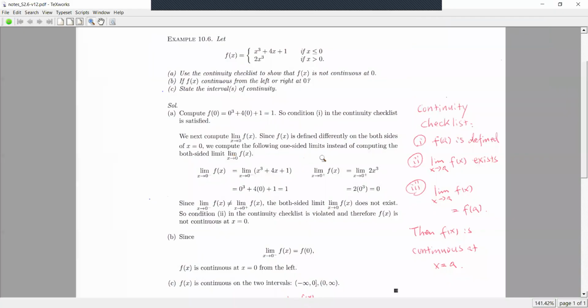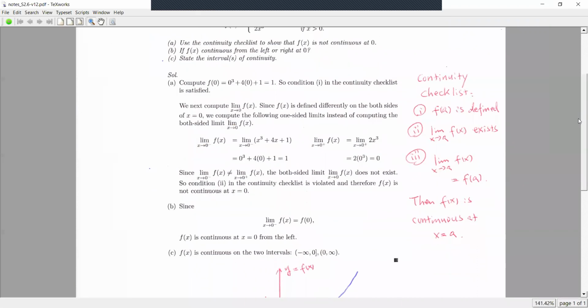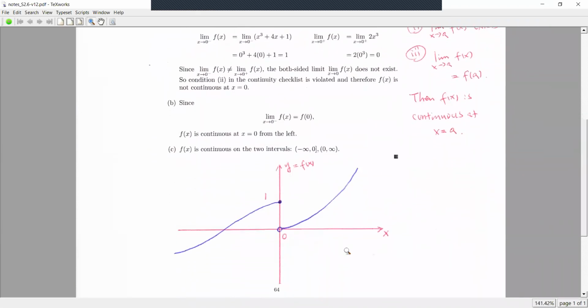Based on the information in part a, we can roughly sketch the graph of this function. At x equal to 0, the function value is 1. So there is a solid point here. When x approaches 0 from the left side, the function approaches 1.